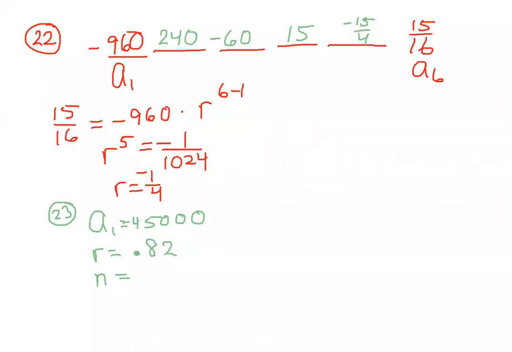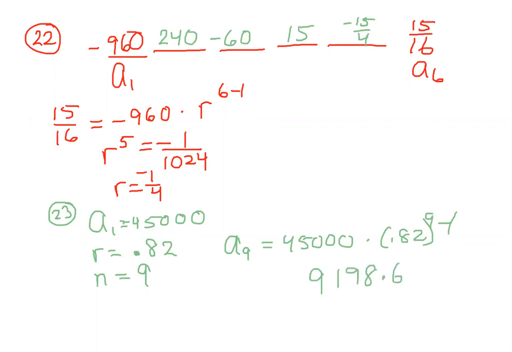If 2009 is 1, and 2010 is 2, and 2011 is 3, so 2017 is going to be 9. So we're going to say A9 equals 45,000 times R to the 9 minus 1, and we're going to get 9,198.63. And that's how much the car is worth.